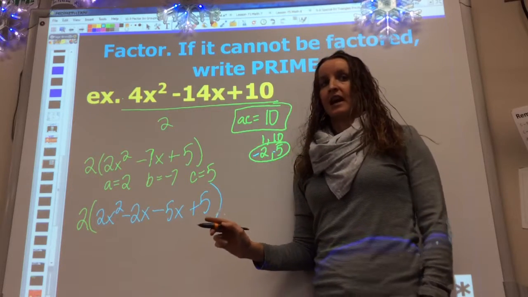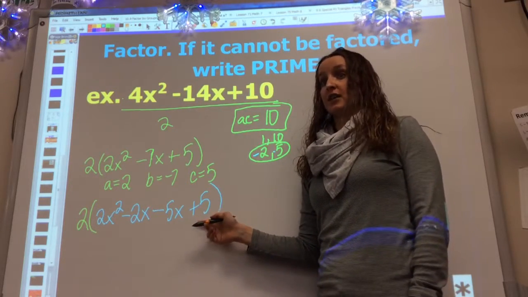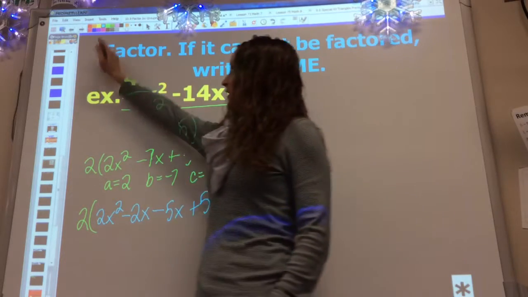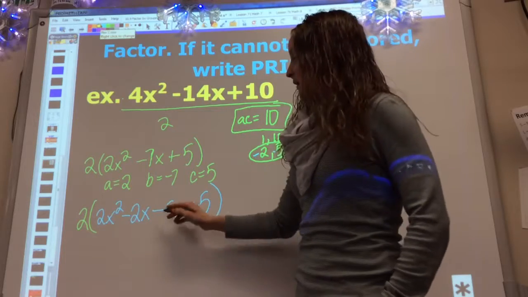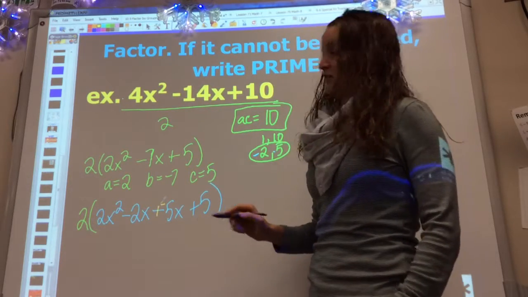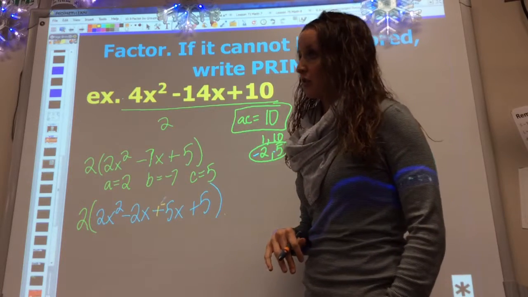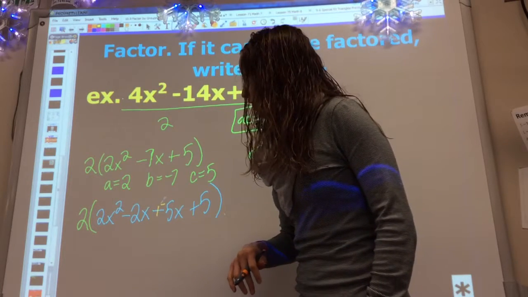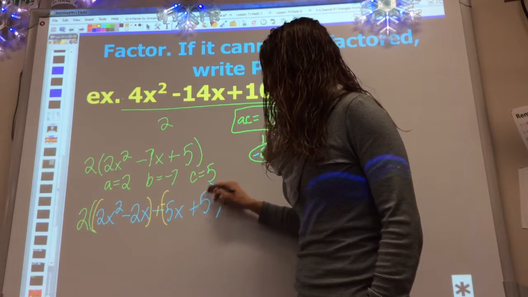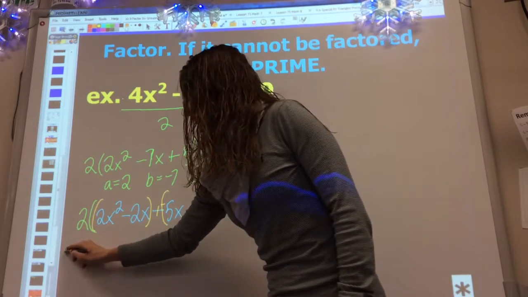If you didn't get some of this down, feel free to write it down. Then, what do we always want to do with this middle one? Add the inverse, because after that it's going to make our job easy: parentheses, factor by grouping. Make sure we keep the 2 in front.